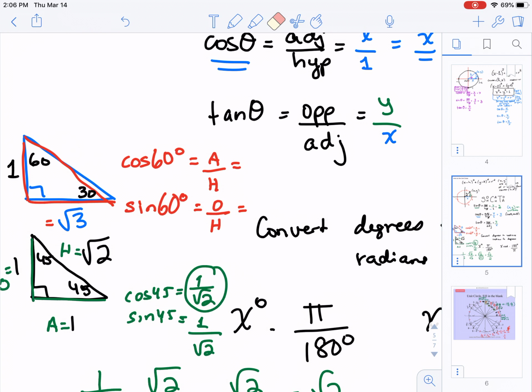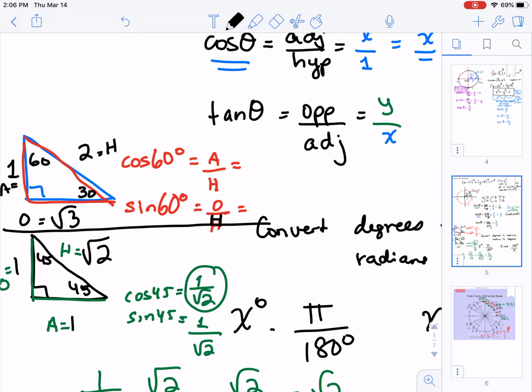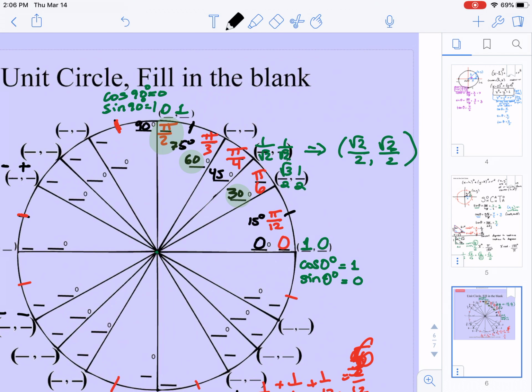The hypotenuse is still 2, but now the opposite side is square root of 3. And so we have, for the cosine of 60, adjacent is 1, hypotenuse is 2. For the sine of 60, the opposite is rad 3, and the hypotenuse is 2. And we're going to fill that in accordingly. Now this is going to lead to a really cool property about cofunctions, but I won't give it all away in one video. 1/2, square root of 3 over 2.